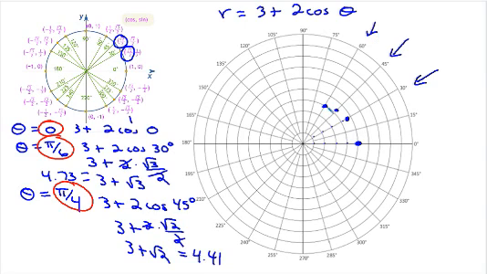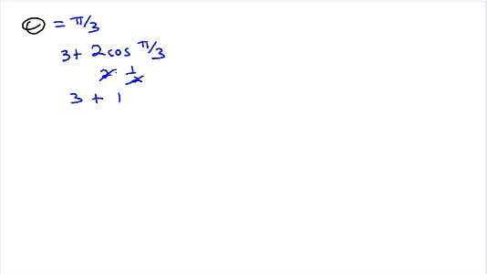Now let's do pi halves. Let's let theta be pi halves. So I'm going to have 3 plus 2 times the cosine of pi halves. The cosine of pi halves is 0.